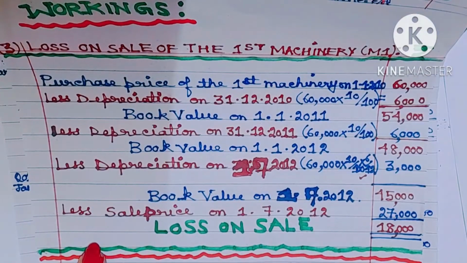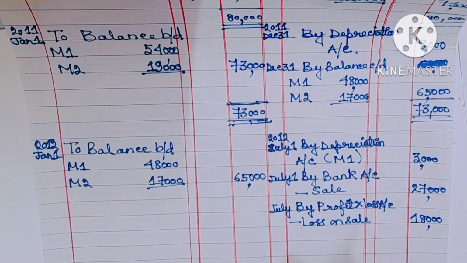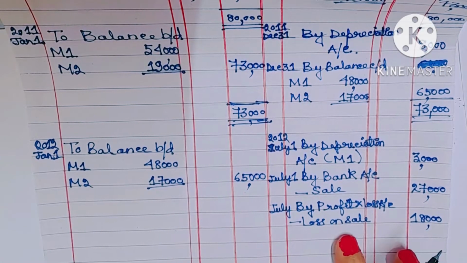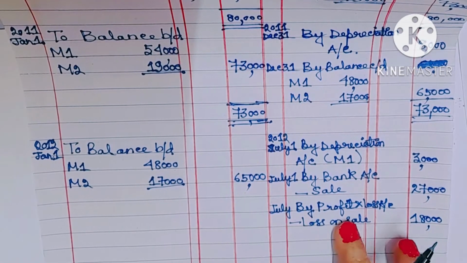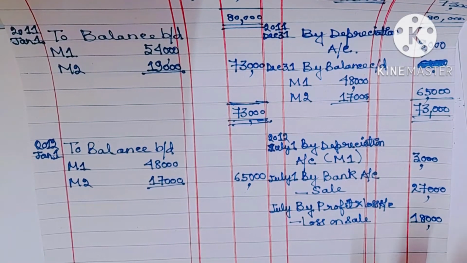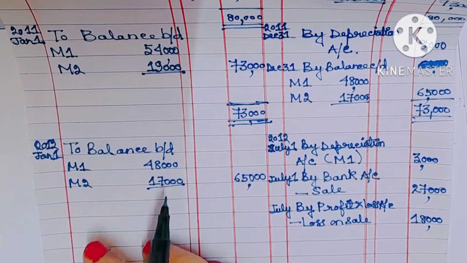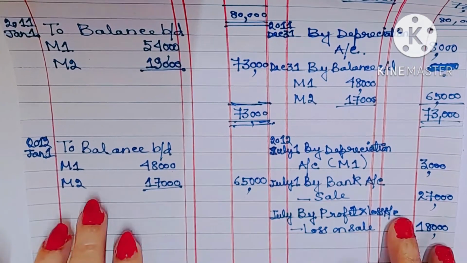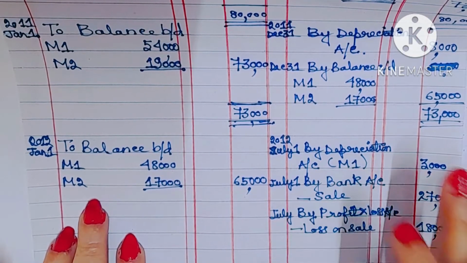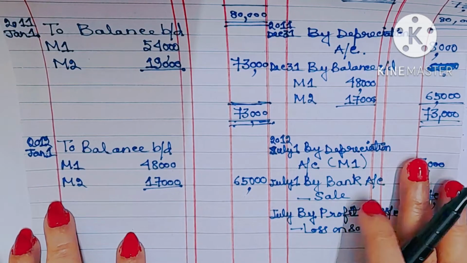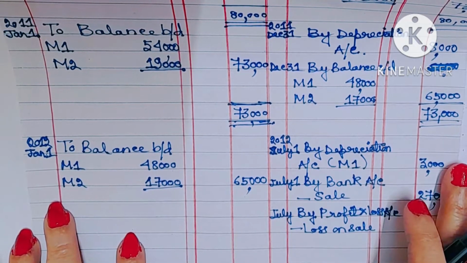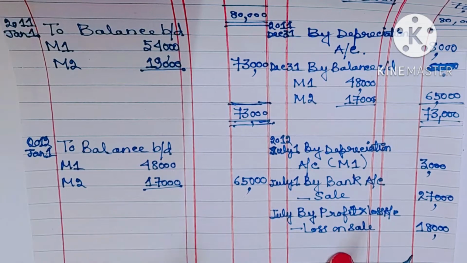See, loss on sale 18,000. Understood? So please remember, loss on sale is always by profit and loss account, always on the credit side. And if it is profit on sale, always to profit and loss account on the debit side. Understood? So the first machinery story is over.